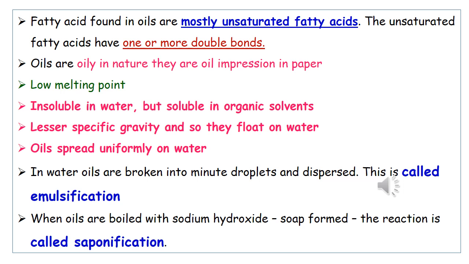A lesser specific gravity and so they float on water. The oils spread uniformly on water. In water, oils are broken into minute droplets and dispersed. This process is called emulsification. When oils are boiled with sodium hydroxide to form soap, the reaction is called saponification.